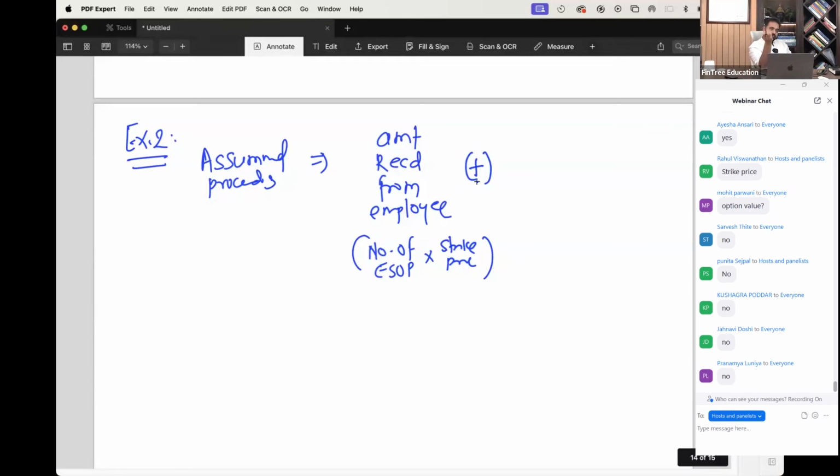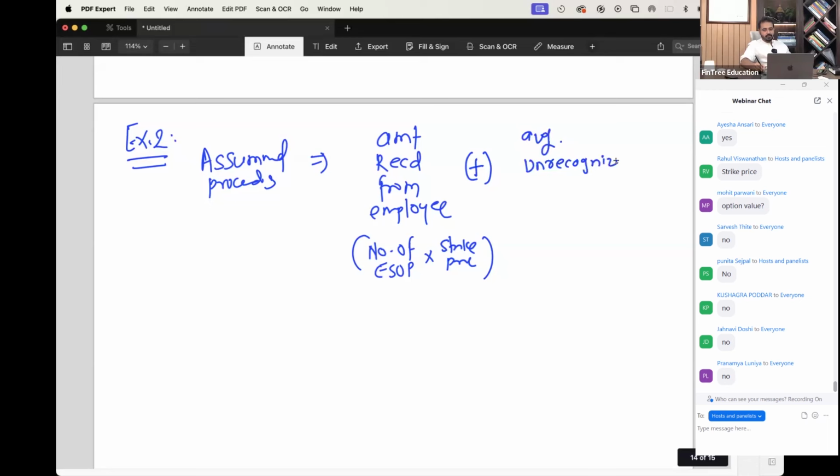So what you do is you also use that money to buy back, because you're not having those future expenses. So you might as well use that money to buy back now. So your assumed proceeds is made of 2 parts. One, the amount received from the employee. Second, the average unrecognized, that means I have not recognized this in my books yet.